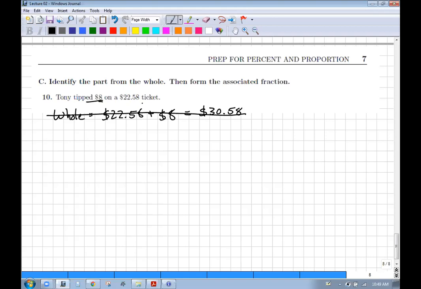For a 22.58, so they're thinking of this as the whole, right? You tipped $8 on 22.58. If I plug this into my calculator here, 8 divided by 22.58, this is 0.354, keeps going, right? So I'm going to round this off.